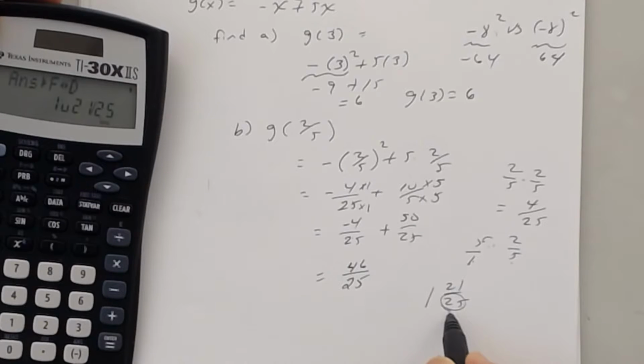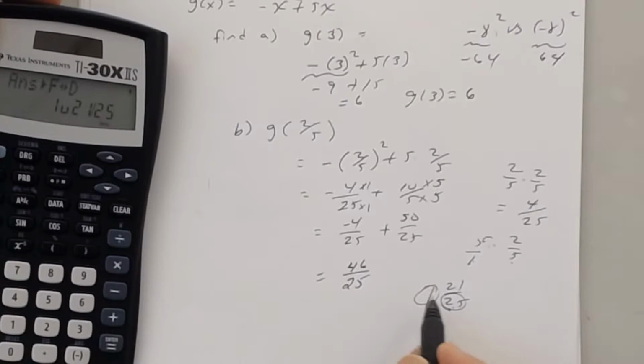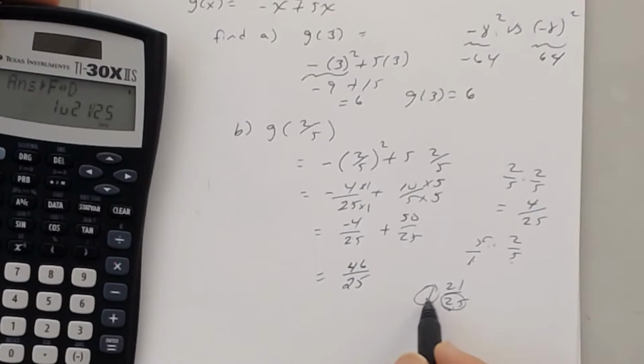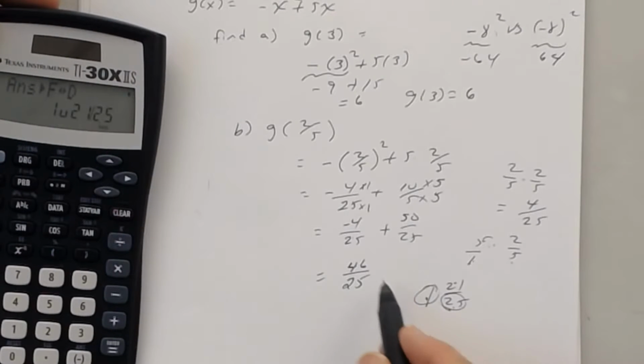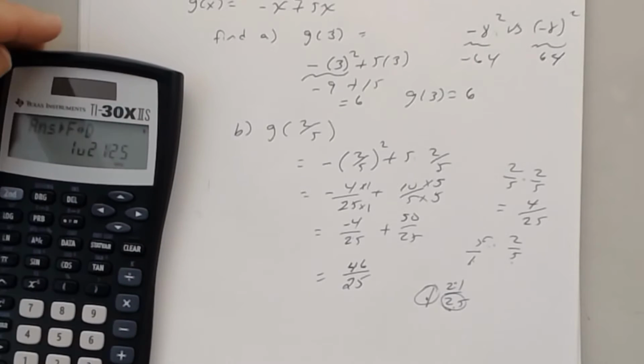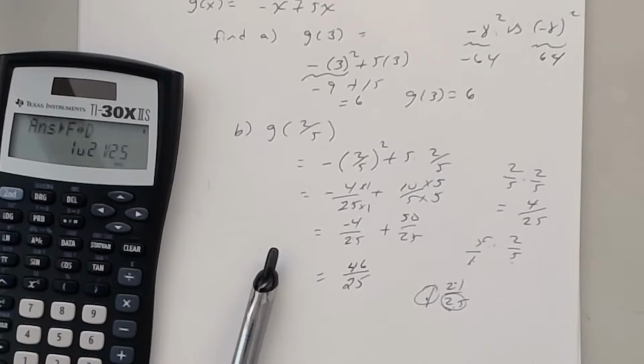You say this times this first. So what's 25 times 1? And what's 25 plus 21? 46. So that's 46 divided by 25. Okay? All right, now.